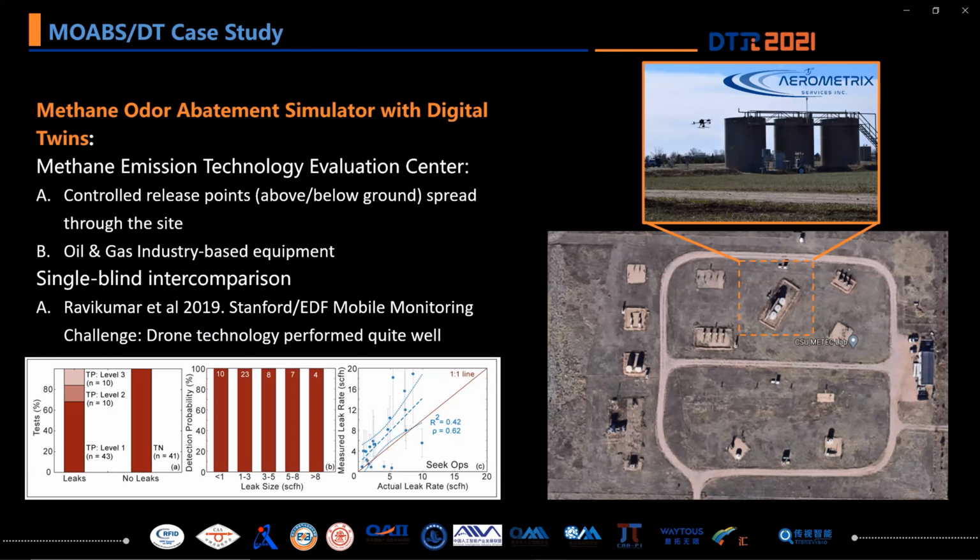And for scale, there's a shot from a survey by Aerometrics in the top right. A single-blind intercomparison by Rav Kumar and others in 2019, part of the Stanford EDF Mobile Monitoring Challenge, has shown that drone technology can perform quite well, where they had a lot of true positives and true negatives, and they are able to quantify leak rates relatively accurately.